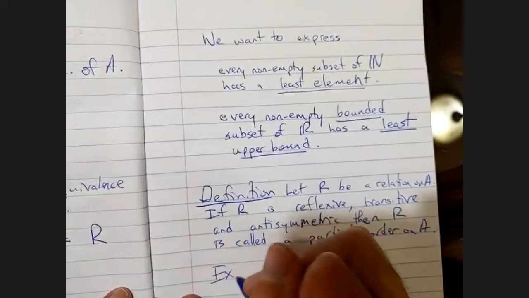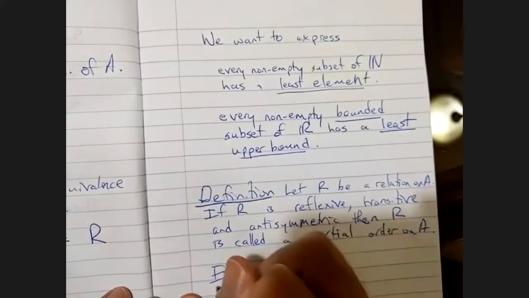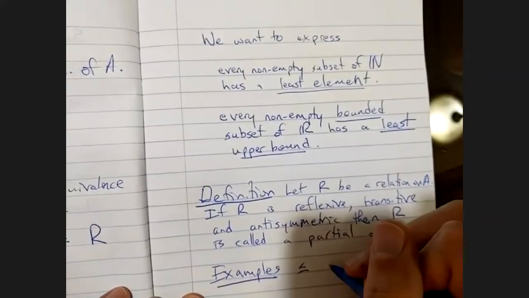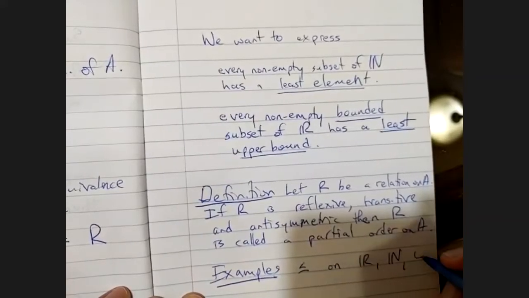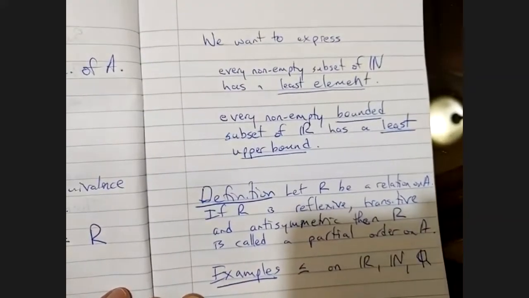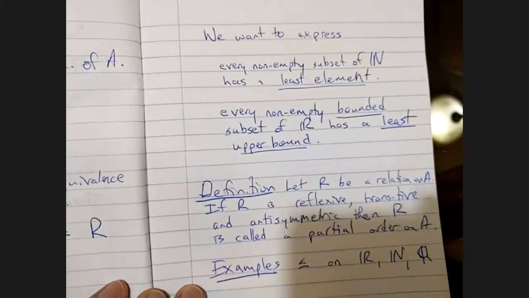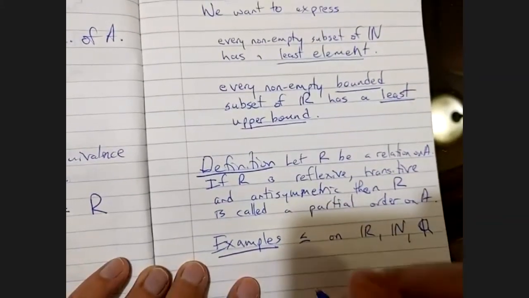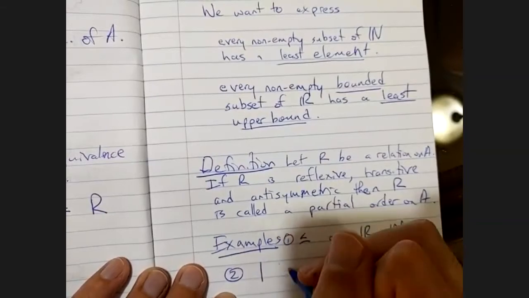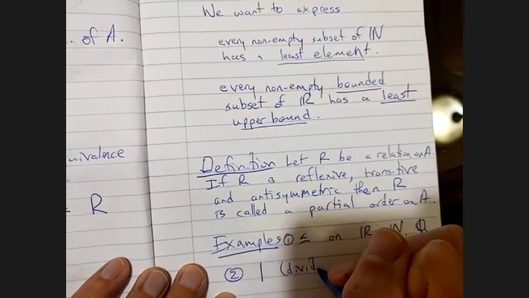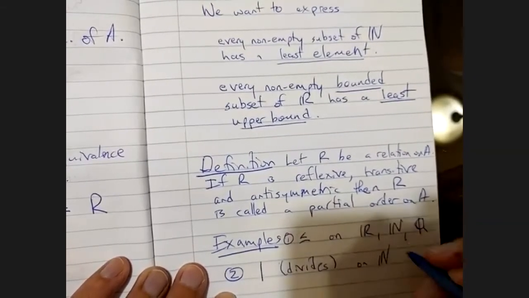Examples: less than or equal to on the real numbers or the natural numbers or the integers or the rationals. Divides on the natural numbers.